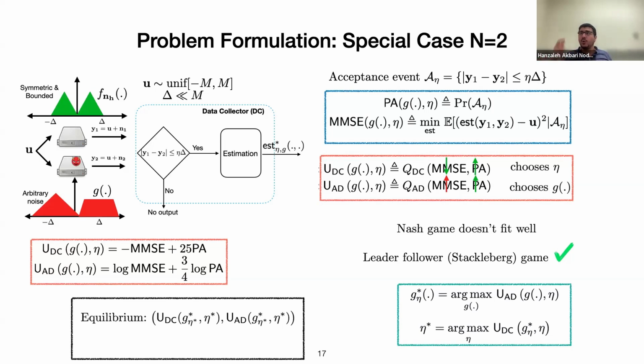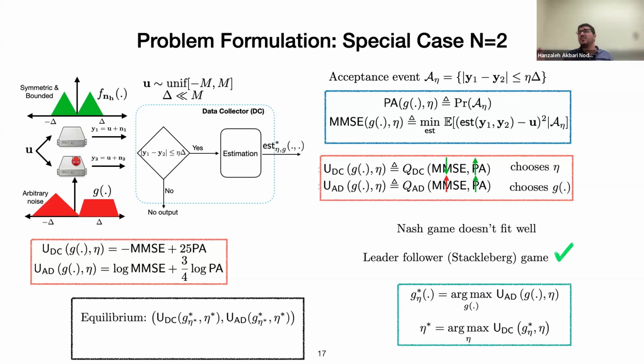And the data collector knows this behavior, knows that the adversary is rational. Because of this, the data collector chooses the value of eta in a way that maximizes its utility function given the response of the adversary, okay?